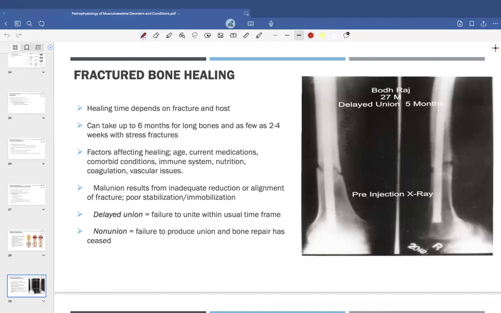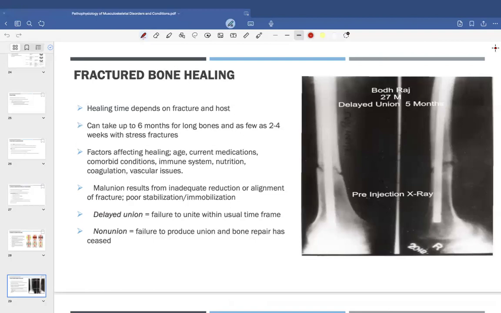If you don't have good stabilization or good alignment, malunion or non-union can occur, and they just don't heal. Okay. So I have a picture here that shows a delayed union, even with an intramedullary rod placed.